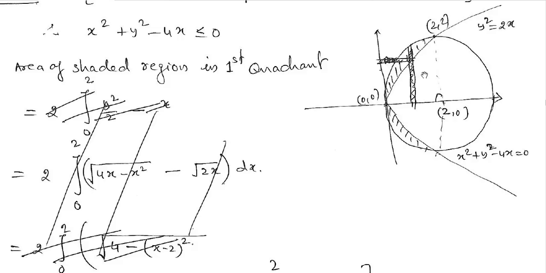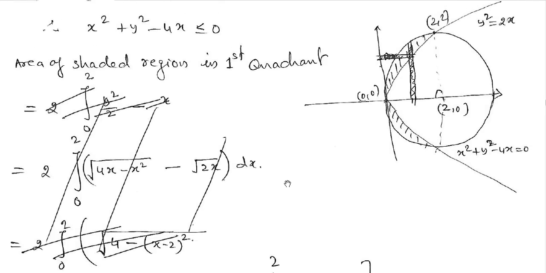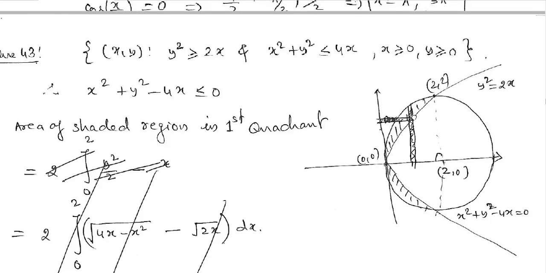Even if we take the differential element in y, that will still take time. So what we think is that this is a quarter circle. This is a quarter circle. So if we remove this part from the quarter circle, then we will get the required area.